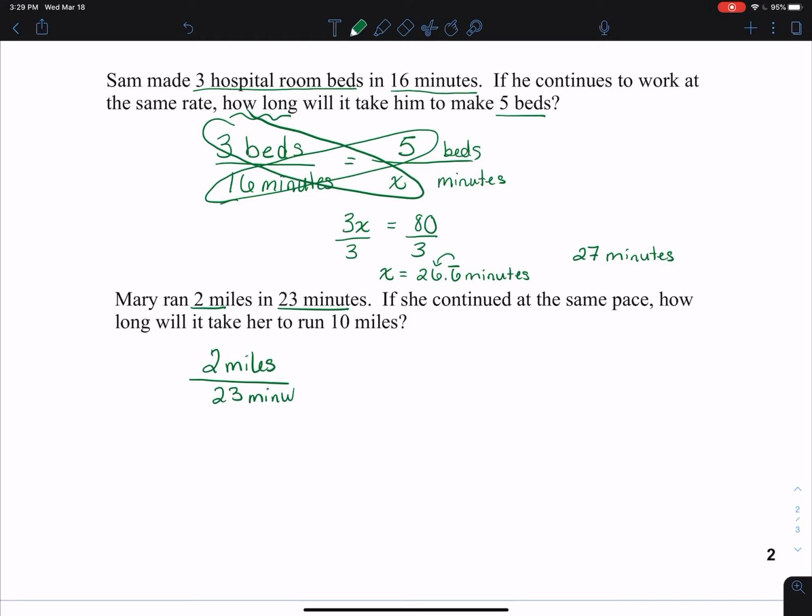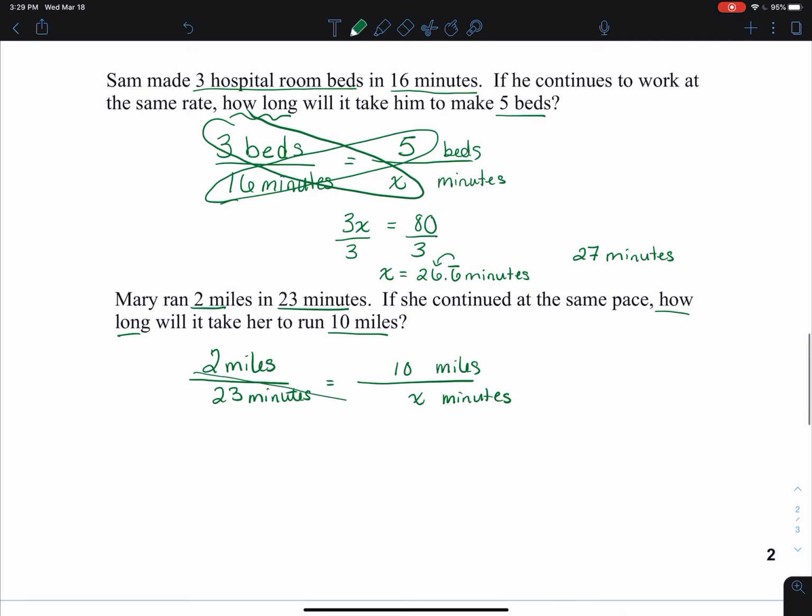And when I set up the rest of the proportion, I know I want miles in that numerator, minutes in that denominator. Then it says, if she continued at the same pace, how long? So I don't know time. I'll put that x in minutes. Will it take her to run 10 miles? So that 10 goes there.